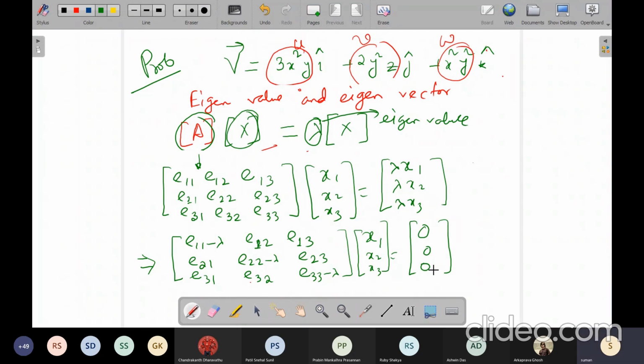So now you have a system of equations, and I will again try to give you a physical or rather conceptual understanding of the implication of this.